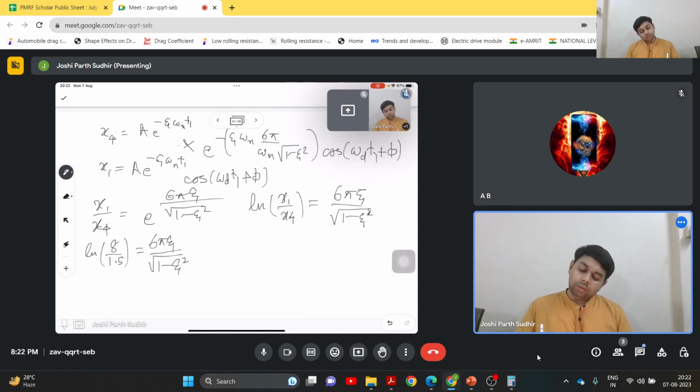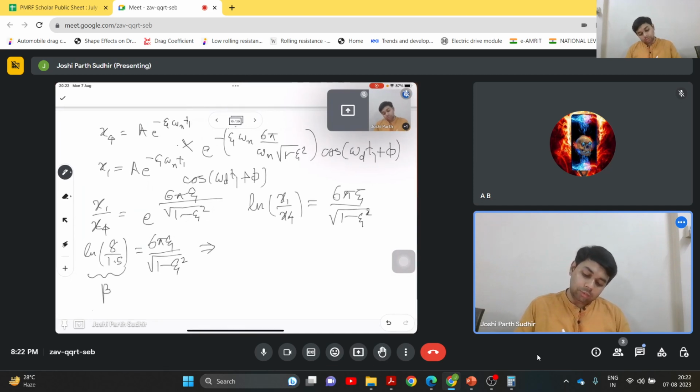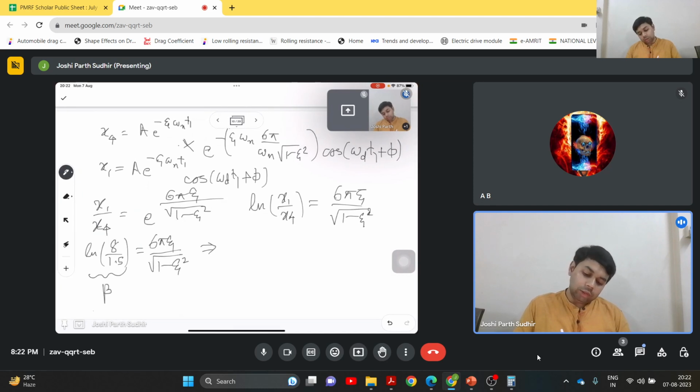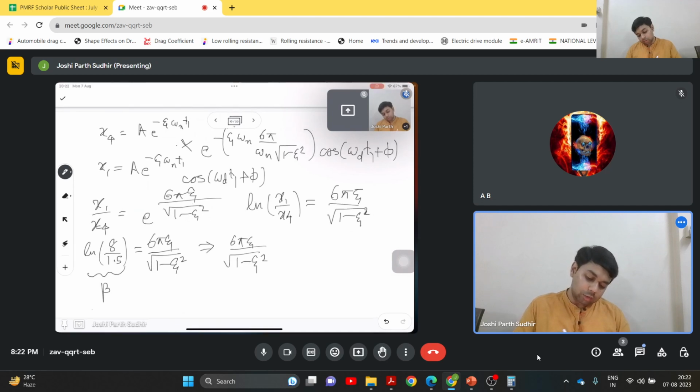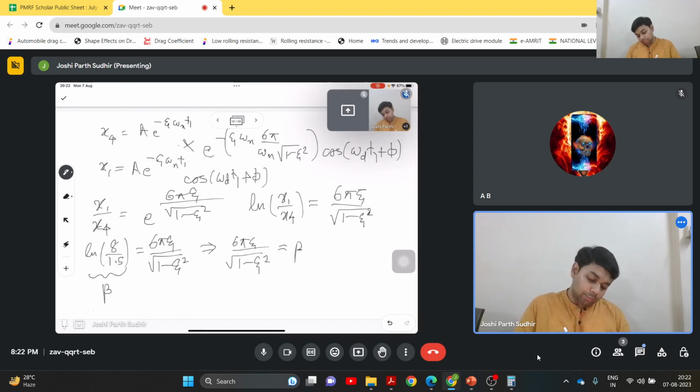So let us call this value some beta. So we will get a quadratic equation in terms of zeta, which is 6 pi zeta upon root of 1 minus zeta square is beta.